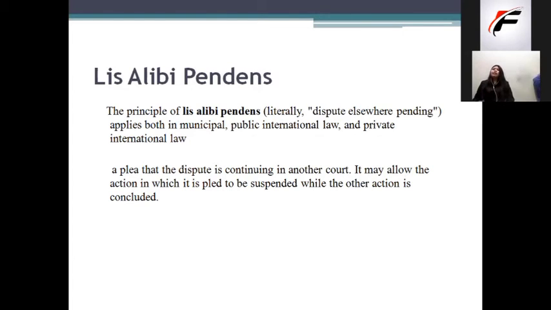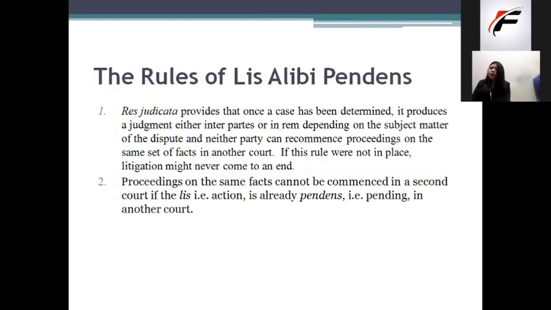So lis alibi pendens is where a case has already been filed at another court and then is filed at one court, it is pending and cannot be done. Why?